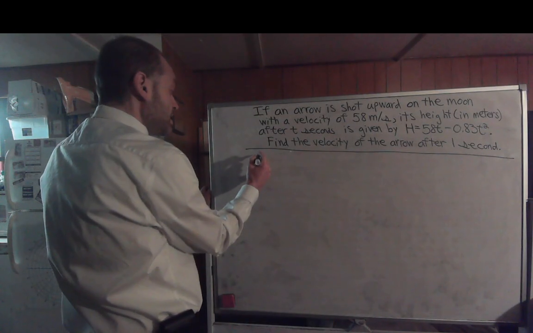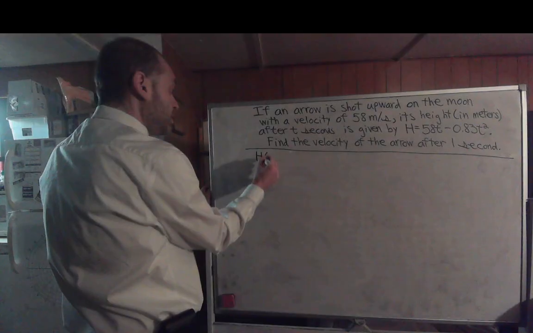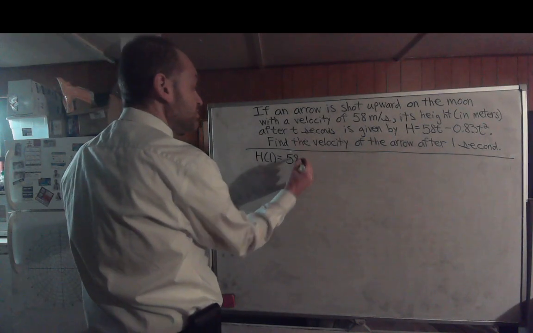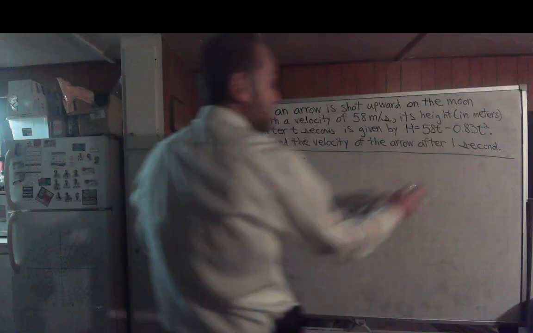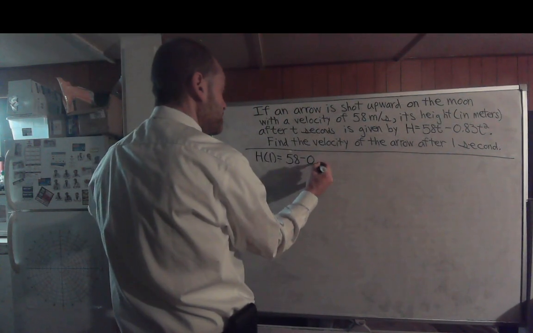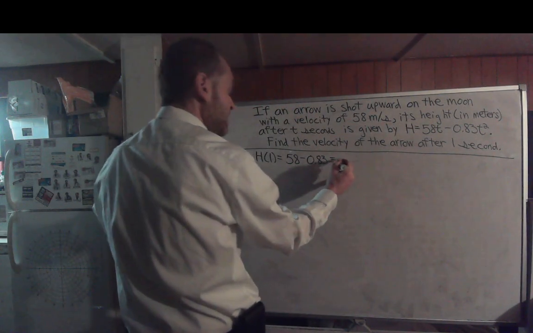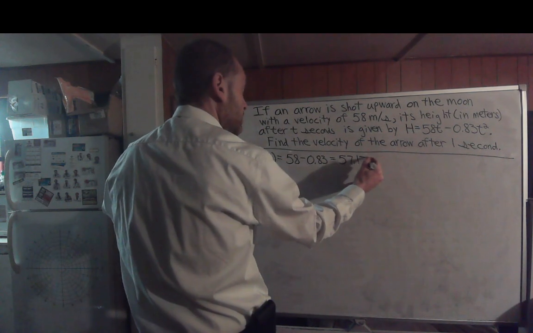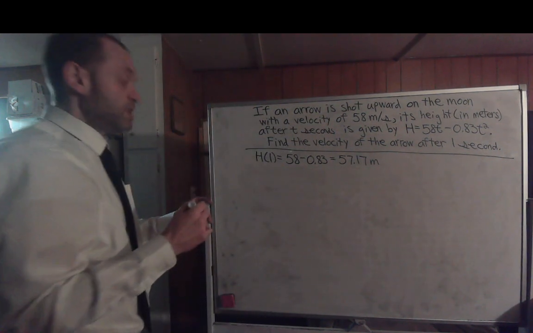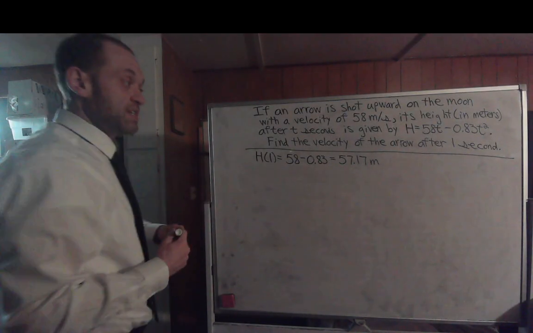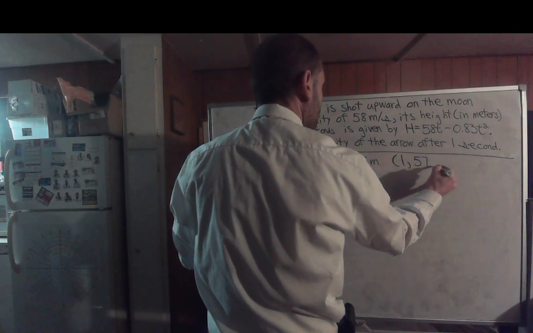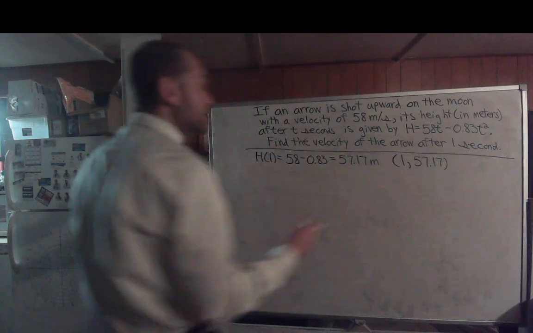So let's take h of 1. Well, that would end up equaling 58 times 1, which would just be 58. And then that minus 0.83 times that 1 squared, which is just 1, you get 58 minus 0.83, which would give you 57.17 meters. We know the height itself at 1 second is 57.17 meters, so yes, that works.